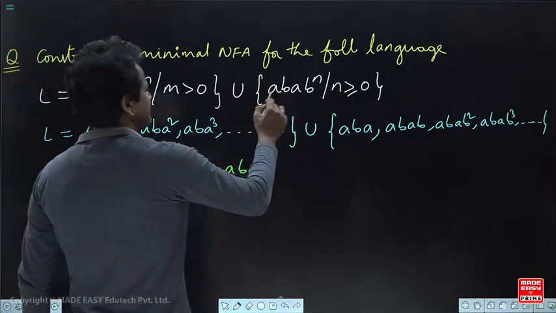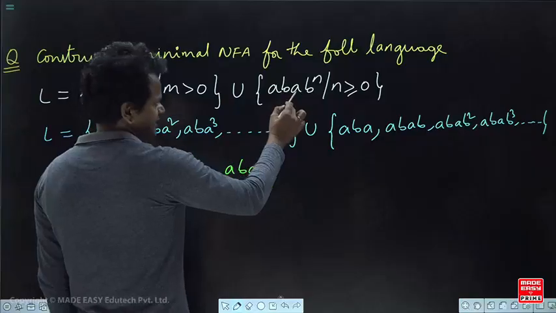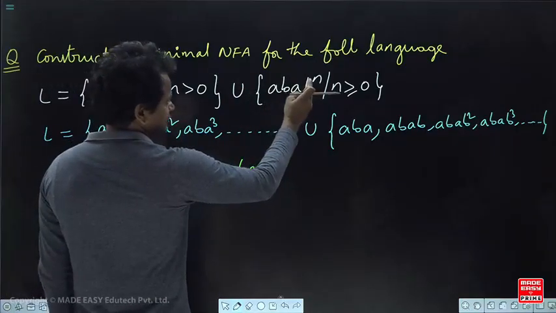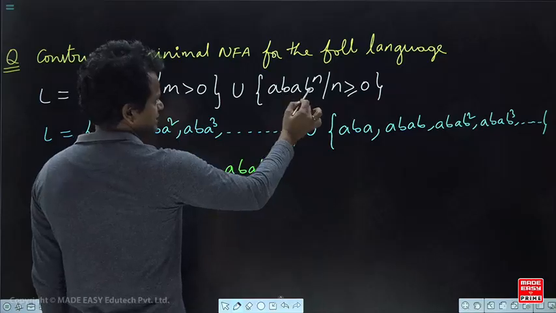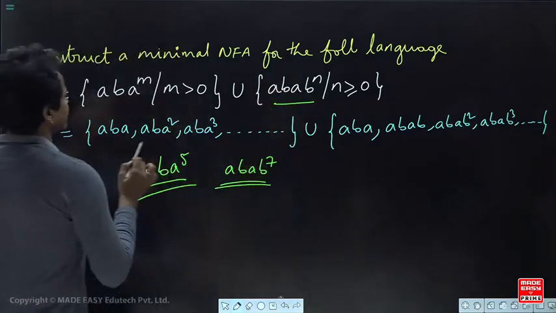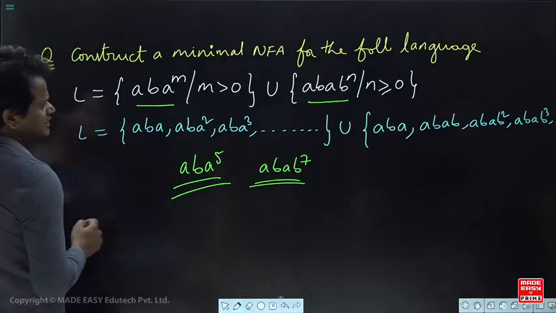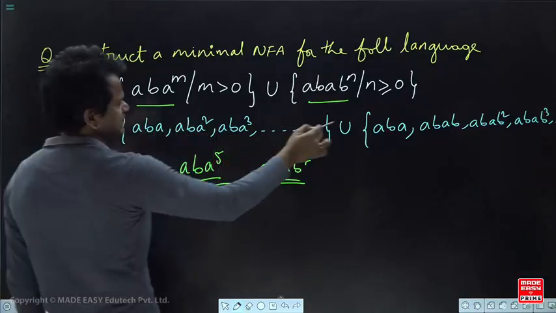In this one, A followed by B followed by a single A followed by 0 or more B's. If B's are there after A, it belongs to this part. If B's are not there after A, it belongs to the other part. And the smallest string in both cases is ABA.